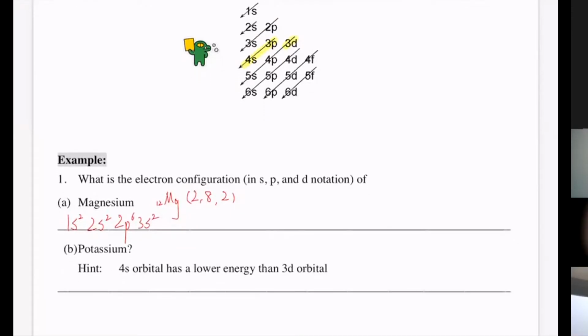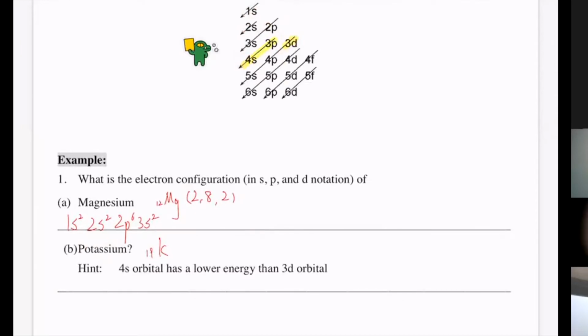Okay, so now for potassium, can you try to write it? Potassium has an atomic number of 19. So how do you arrange them? Remember, follow this sequence when you fill in the electrons.